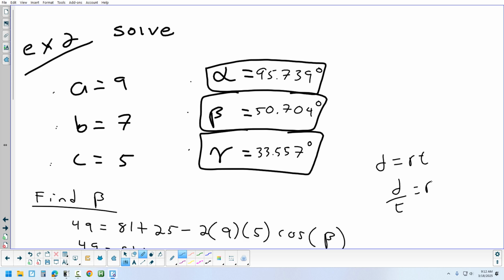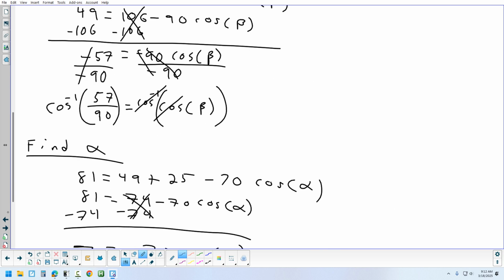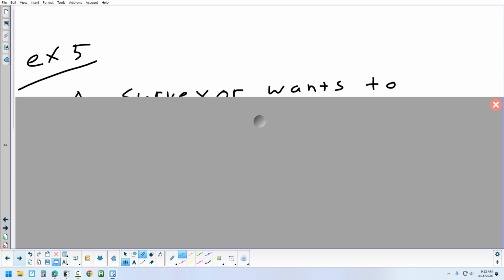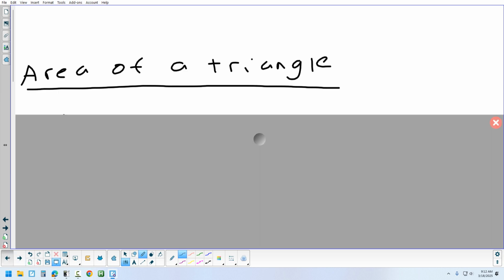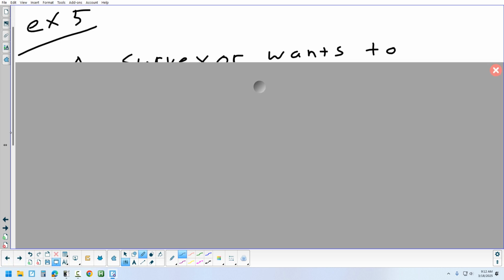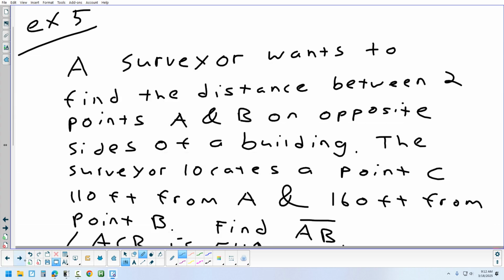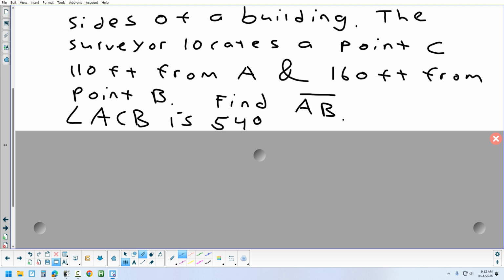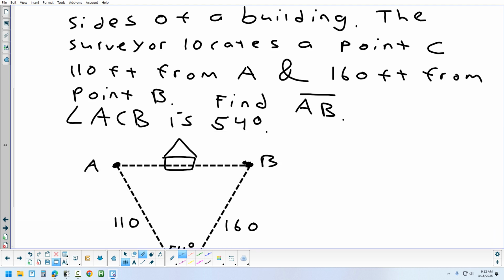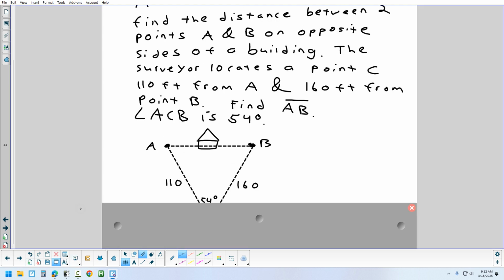So that's a side, side, side. All right, so let's look at a word problem. Like a lot of word problems, if it starts to get really complex, I will give you a diagram to help you a little bit.